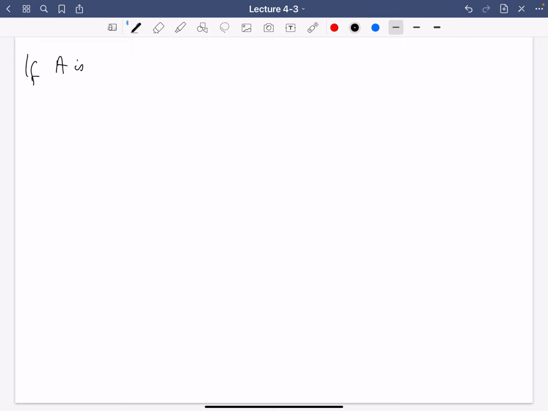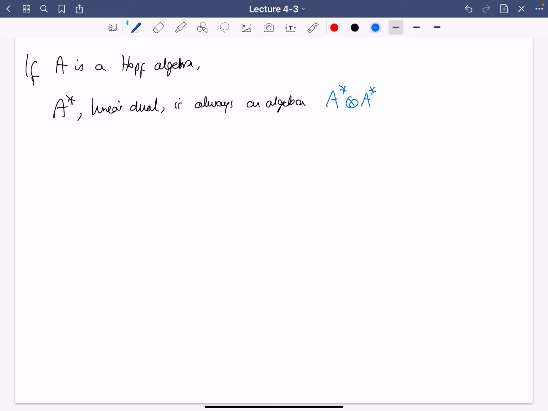So if A is a Hopf algebra, you can always make A star, the linear dual of that vector space. It's always an algebra. What do you need? You need an algebra multiplication. So you need a linear map from A star tensor A star to A star.